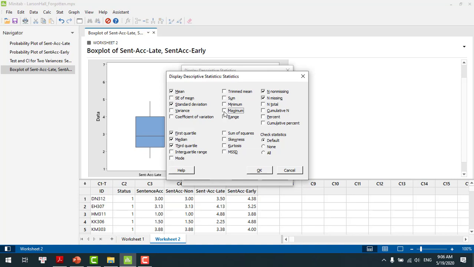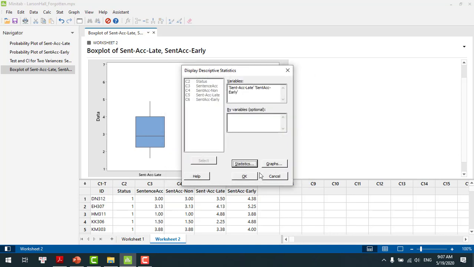We don't want the maximum. We want the non-missing N, so we want to know how many samples we have. We want the median. So basically we want the mean, the standard deviation, the N, the number of samples, and the median. That's pretty much all we want. So let's run that. Okay, we're ready.